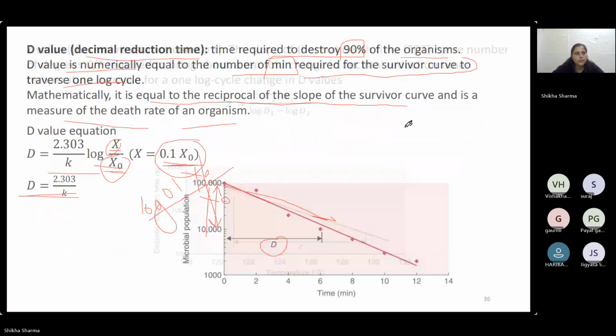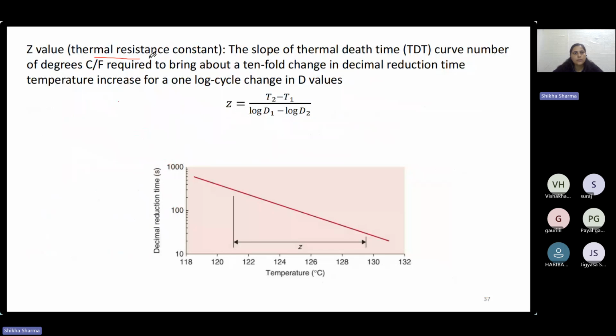So next is the Z value, which is the thermal resistance constant. So this is basically a temperature value. Z value is a temperature value. It is the slope of the TDT curve. TDT curve is where D value is on the y axis and temperature is on the x axis.